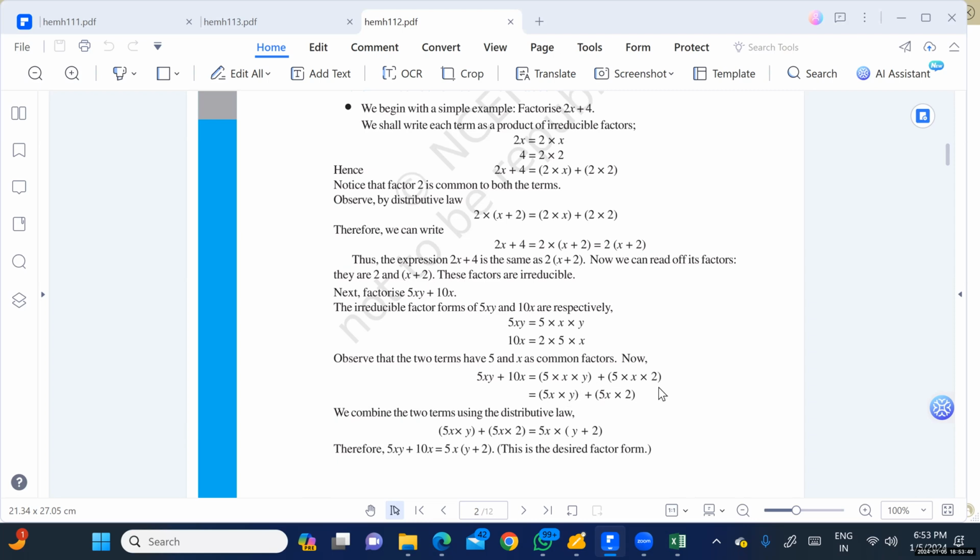Now when we combine them as a common term, you have 5x(y plus 2).